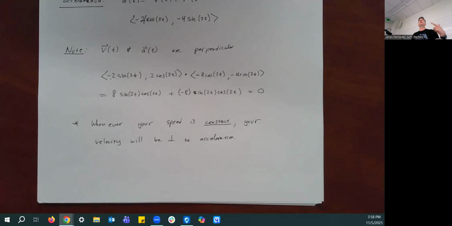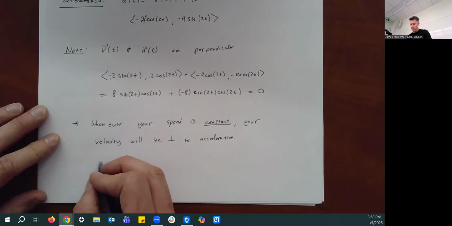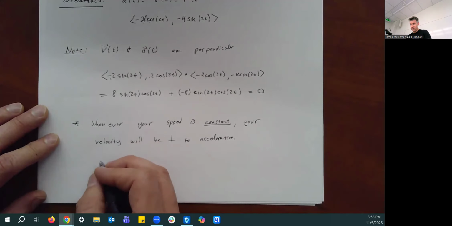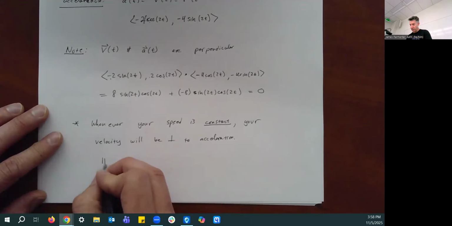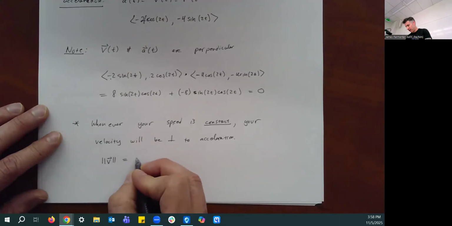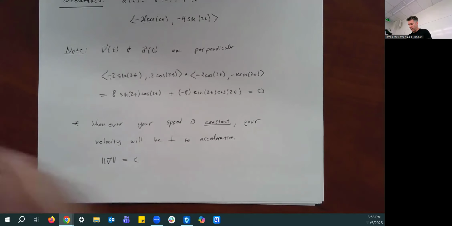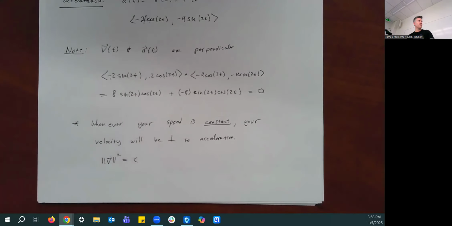It's basically when you're taking the derivative. Oh yeah, okay, so we want the velocity. The magnitude of the velocity is constant, right? So if you square it, still constant, right?